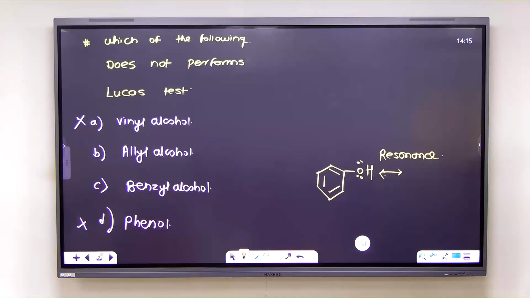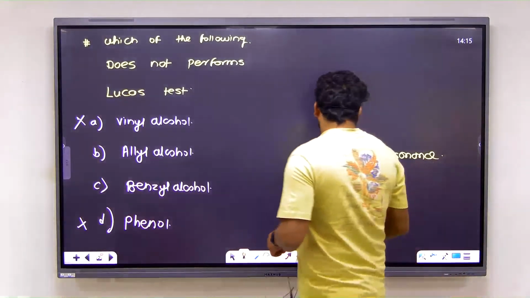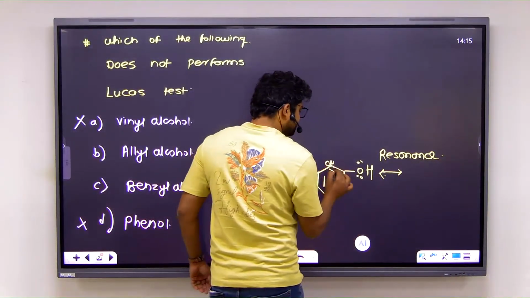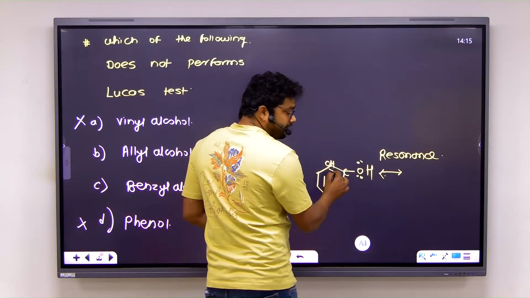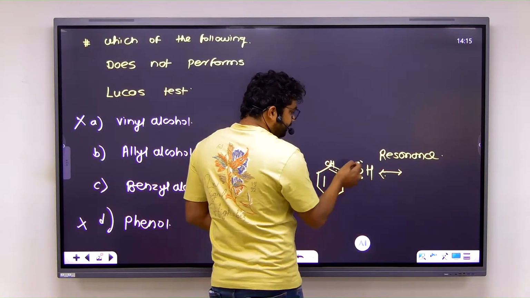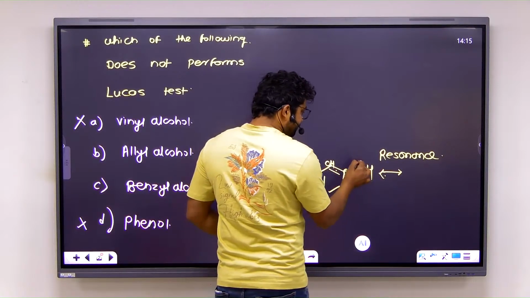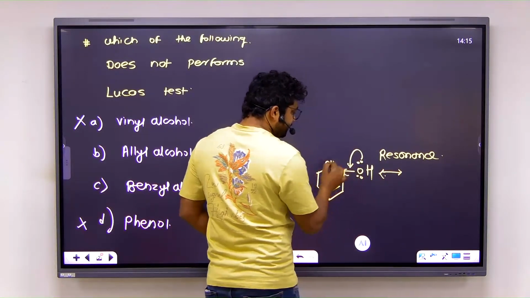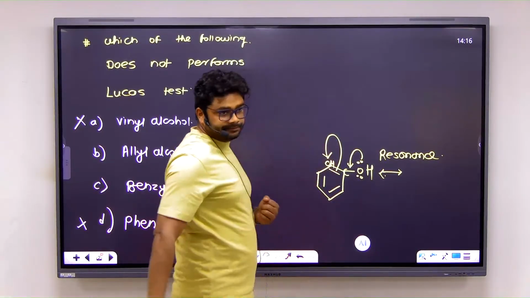You can continue with this: the double bond given here is between CH and C. You can shift this carbon-carbon double bond by using this lone pair, because this lone pair can shift towards this carbon, and this carbon shifts its pair towards the CH.